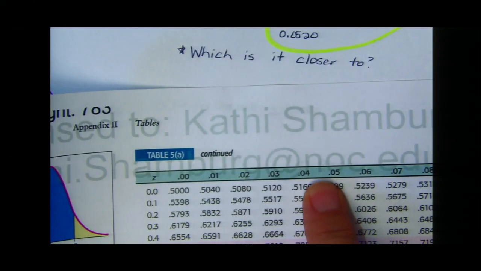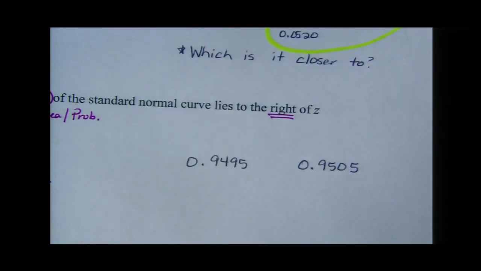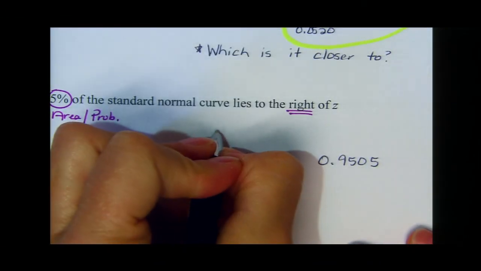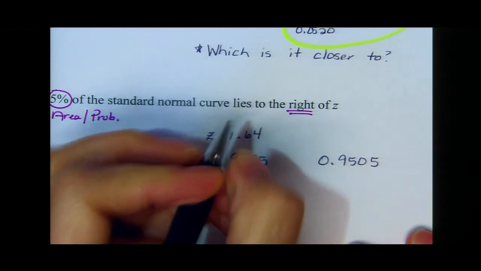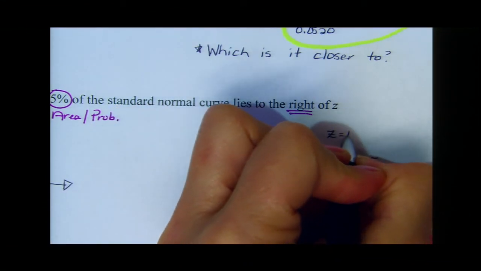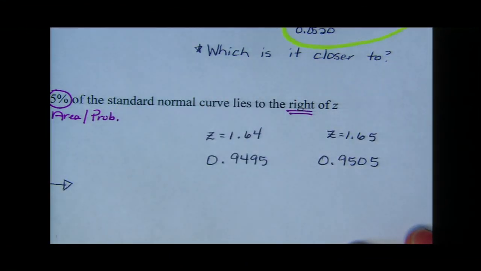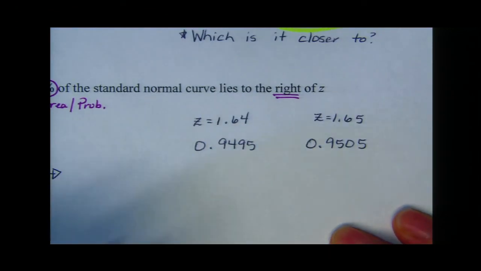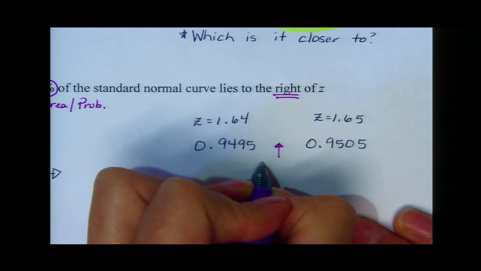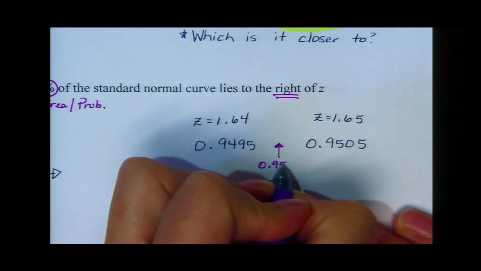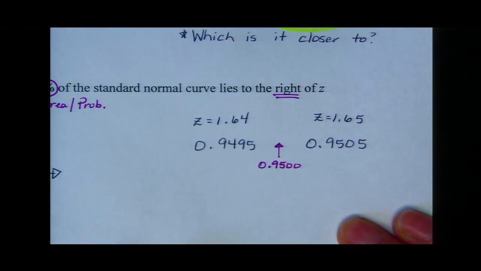And I come up 4 and 5. So this z is 1.64. This z is 1.65. And what we're looking for is right here in between, and that's the 0.9500 is what we're looking for.